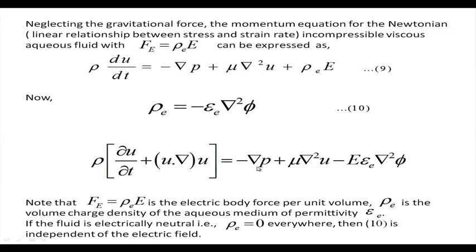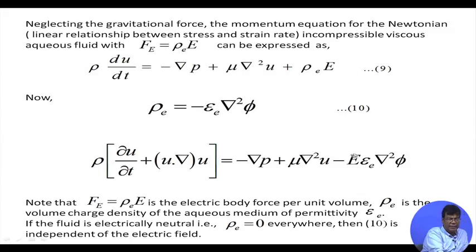incompressible Newtonian fluid. Another assumption we have made is that this is a Newtonian fluid, that means there is a linear relation between the stress and strain rate. So, we now develop the governing equation for the fluid in an aqueous or ionized fluid.